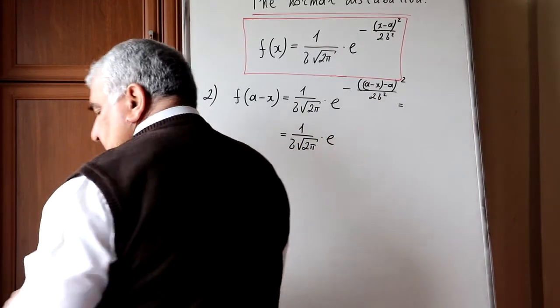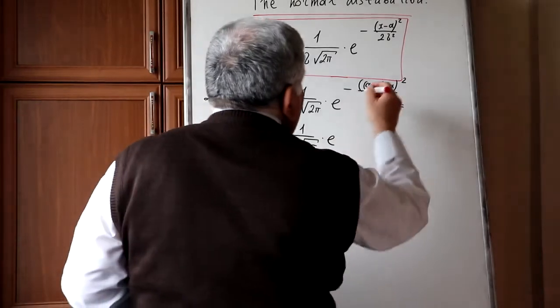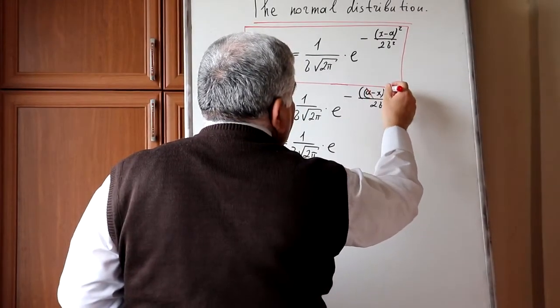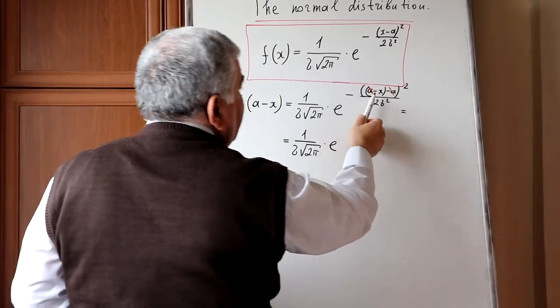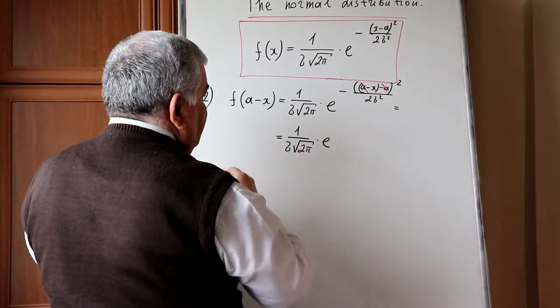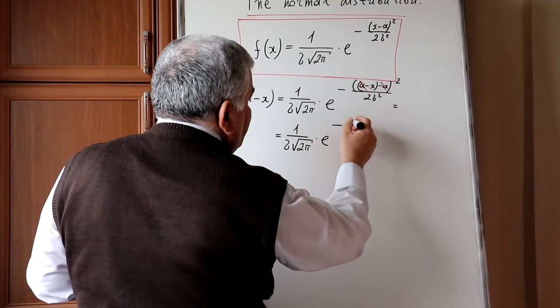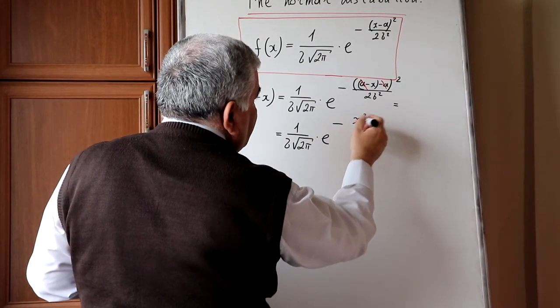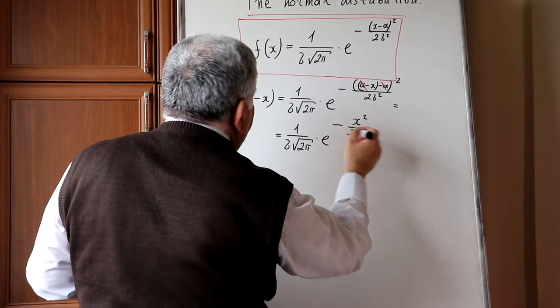Here a and minus a are removed, and then we have only minus x squared, which is simply x squared, and we obtain minus x squared over 2 sigma squared.